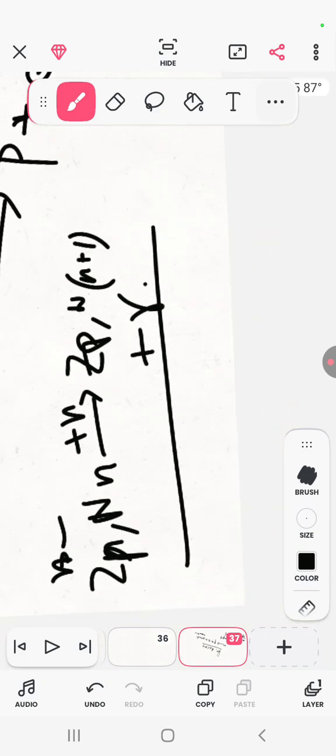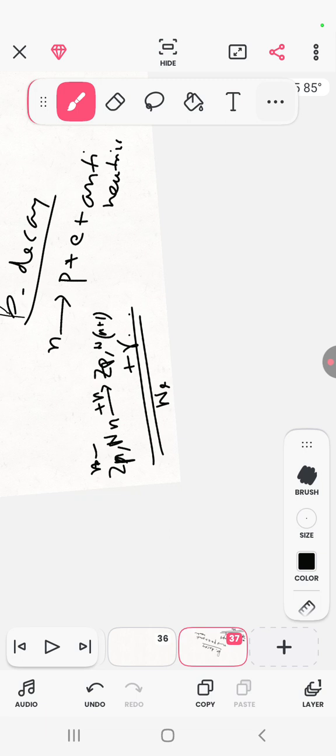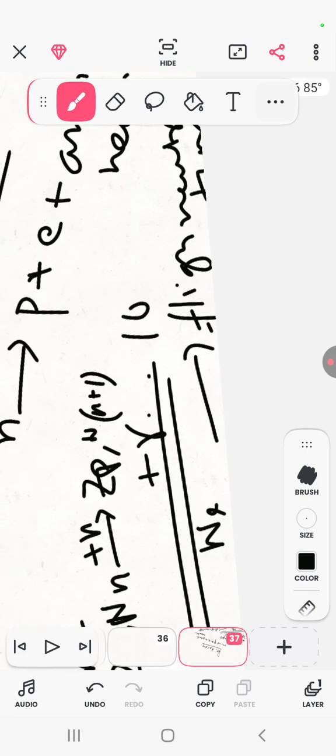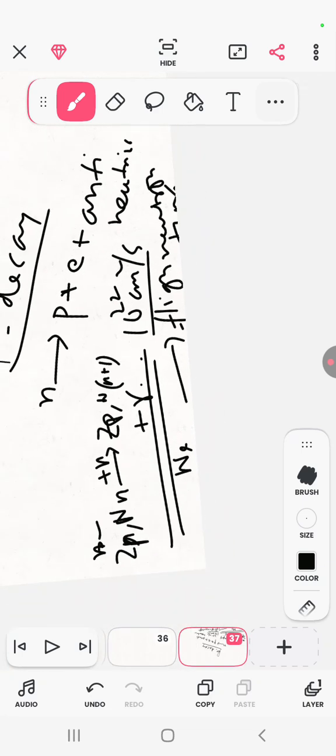So this is called neutron capture. This is a very rapid process, and it occurs whenever there is a high neutron flux, about 10 to the power 22 centimeters square per second. So that is when this thing occurs.